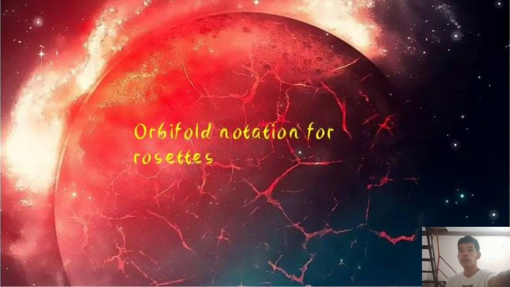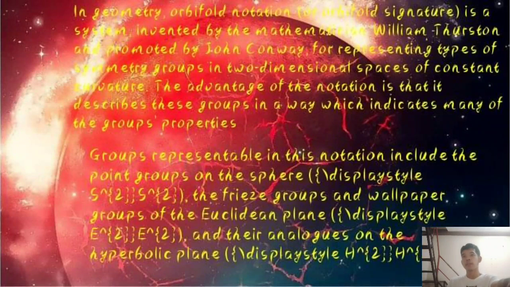Next is orbifold rotation rosette. In geometry, orbifold notation is a system invented by mathematician William Thurston and promoted by John Conway for representing types of symmetry groups in two-dimensional space of constant curvature. The advantage of the notation is that it describes these groups in a way which indicates many of the groups' properties.